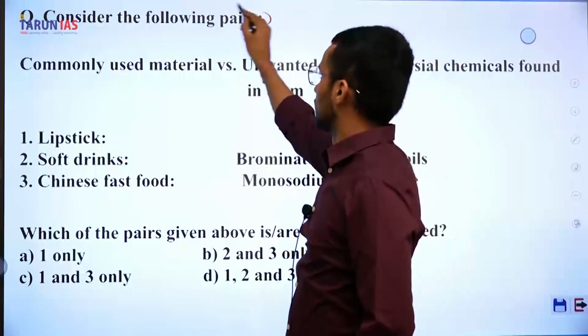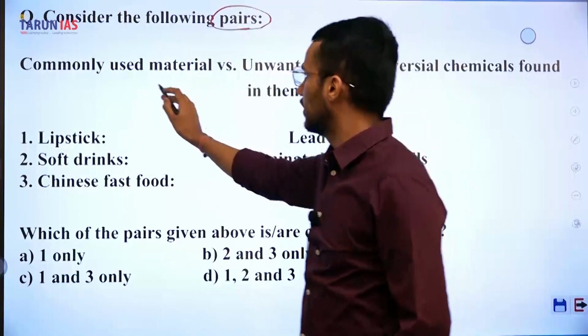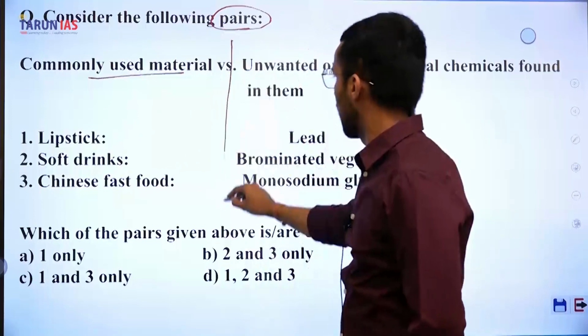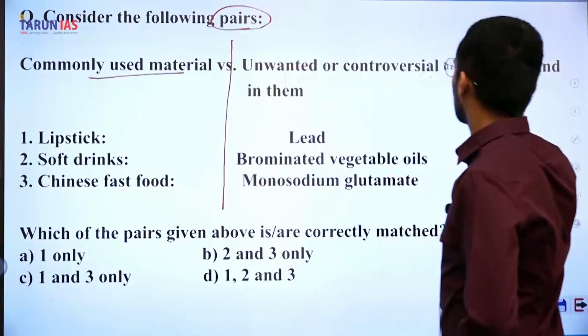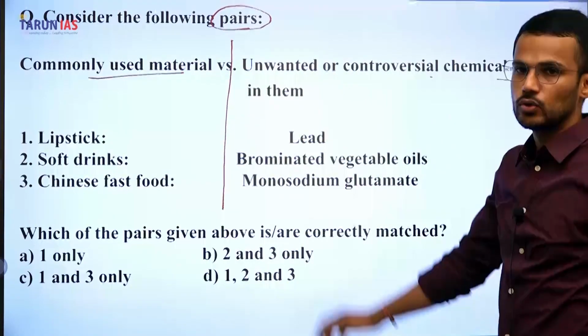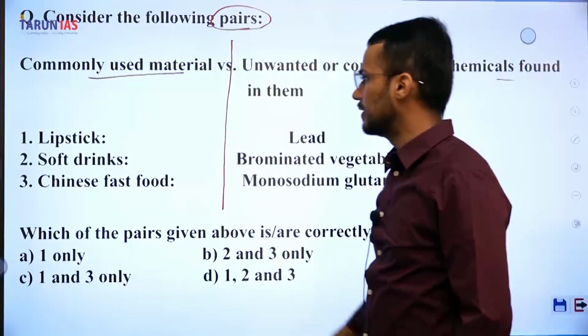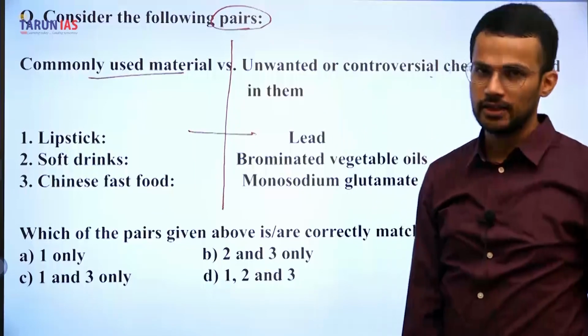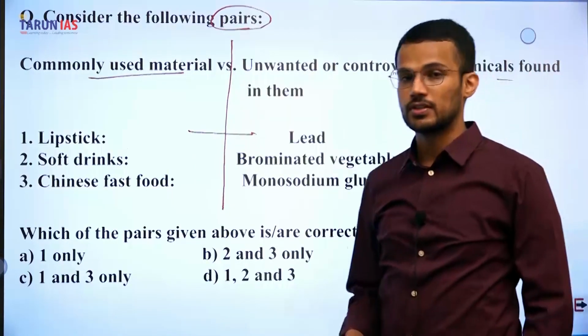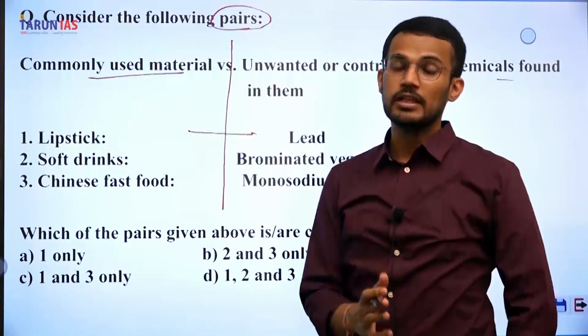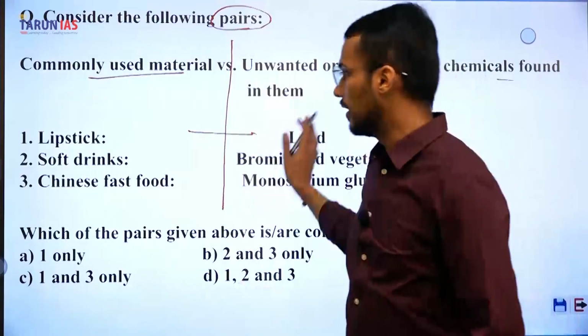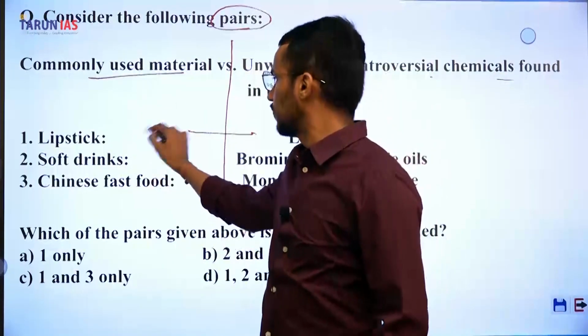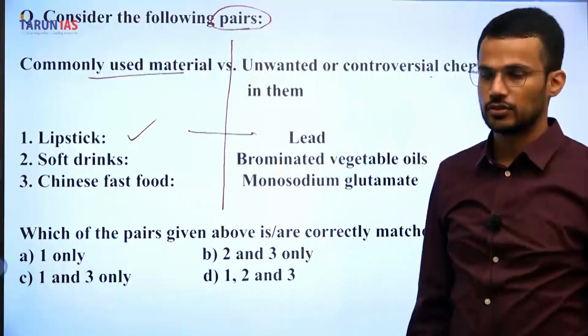Consider the following pairs. They have given some commonly used materials and the unwanted or controversial chemicals found in those materials. First is lipstick, and the unwanted or controversial material is lead. As per one of the research, 100% lipsticks use lead, and that's why the first pair is correctly matched.